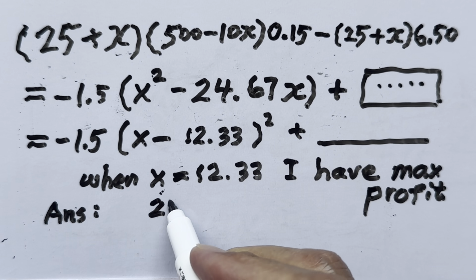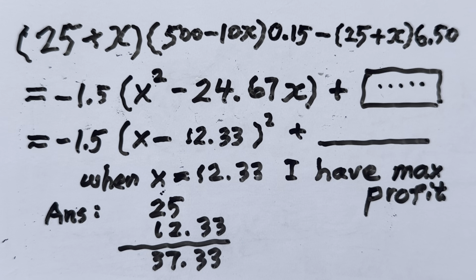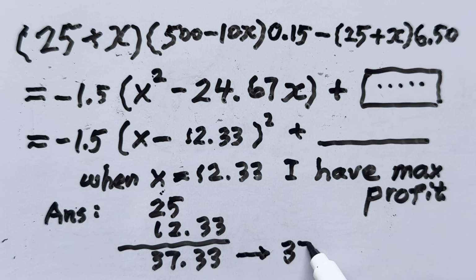And this is 37.33. So I must plant 37.33 trees per acre. You can round it, so this is 37. And this is exactly the answer given by the textbook.